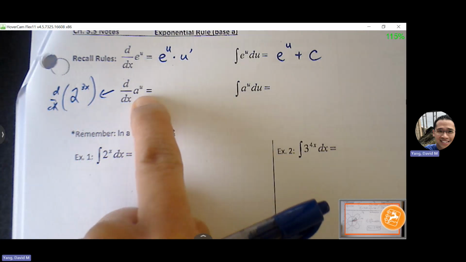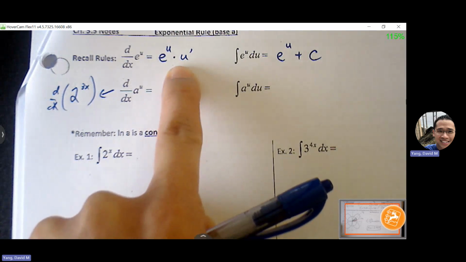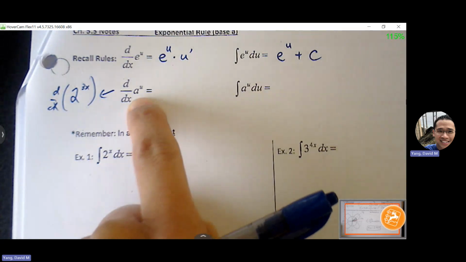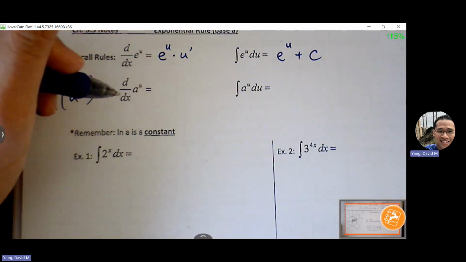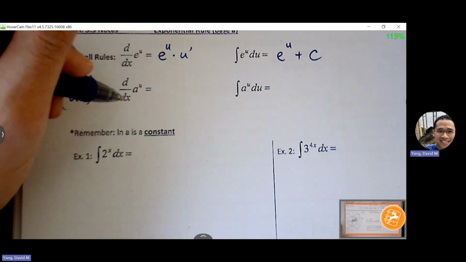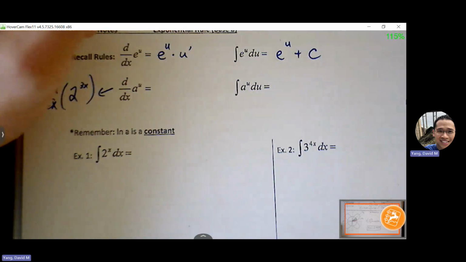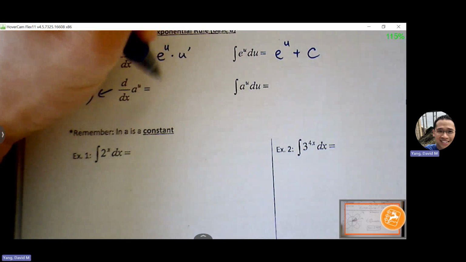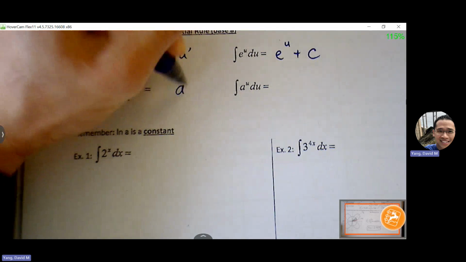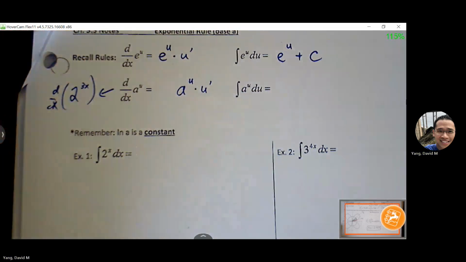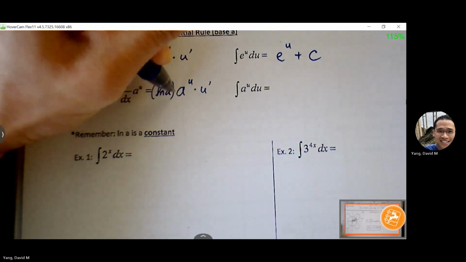From first semester, it still looks a lot like the exponential function, but there's a coefficient involving natural log to adapt to a to the u. So we still have a to the u times u prime, but in front there's a conversion, and that conversion looks like natural log of a.